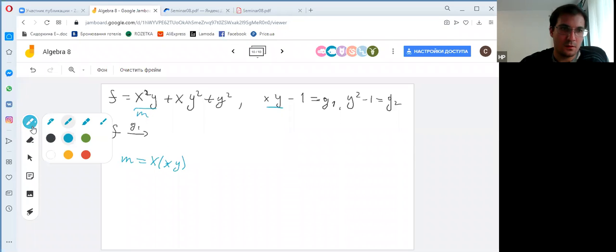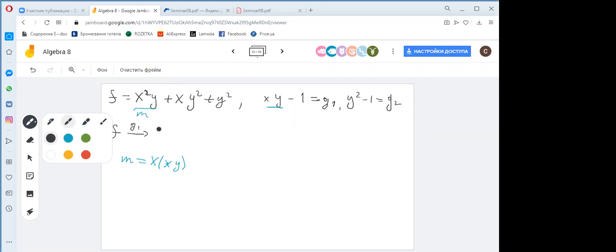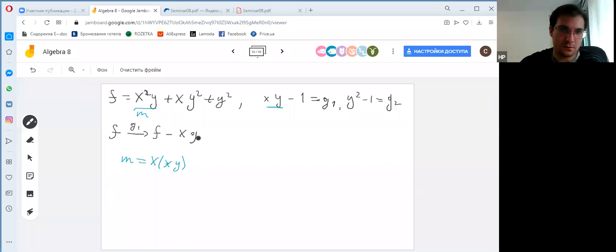What shall I write here? It's f minus x by g1. Yes, of course. So it's rather standard. So let me compute x squared y plus x y squared plus y squared minus x squared y and minus x.